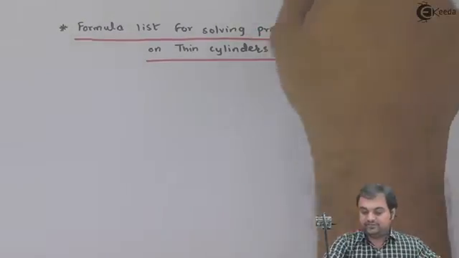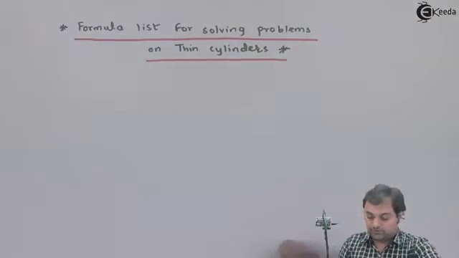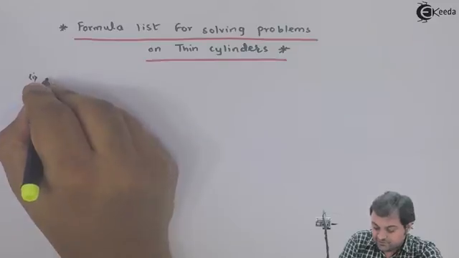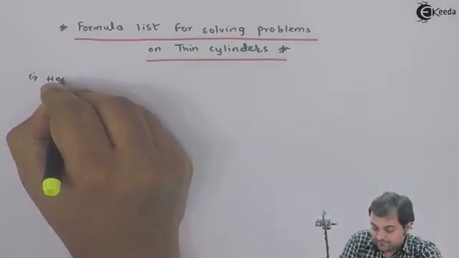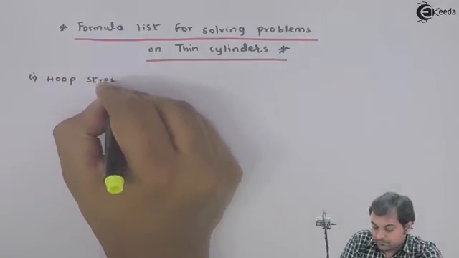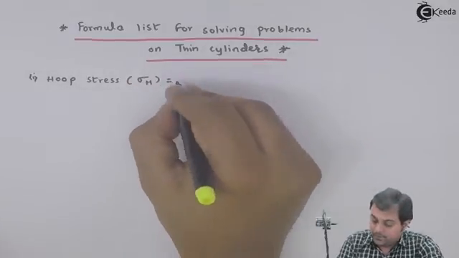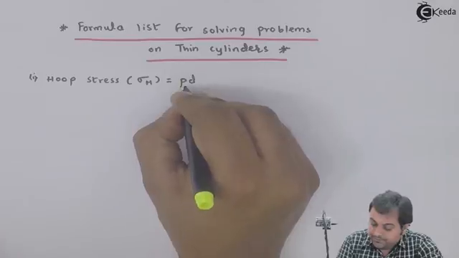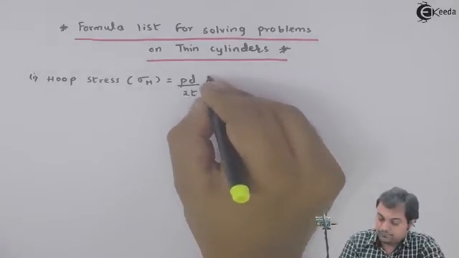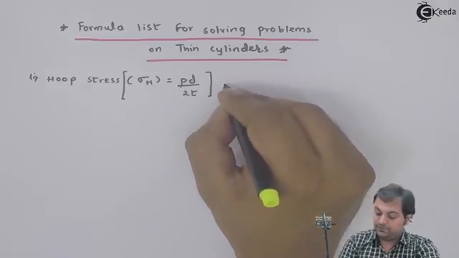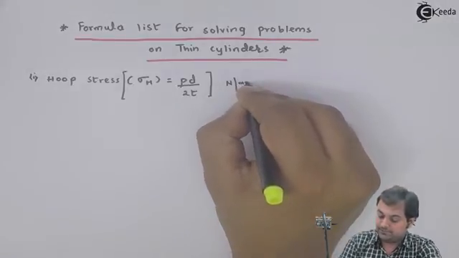So the first formula which I have is hoop stress, or you can say circumferential stress, both are same. Hoop stress is given by PD upon 2T, the first formula, and the unit will be Newton per mm square.